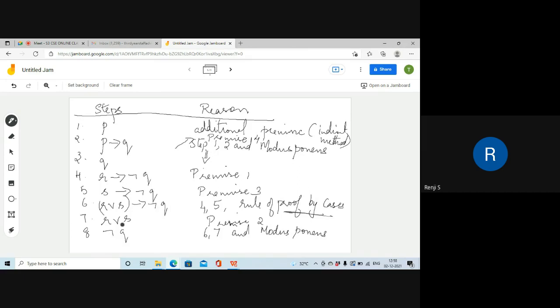P implies not Q and P, you get not Q. Then in ninth step, in third step we have Q, and in eighth step we have not Q. So from there we can write Q and not Q, and this is from step 3 and 8 and rule of conjunction.